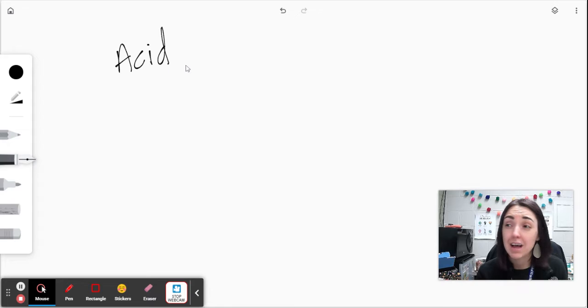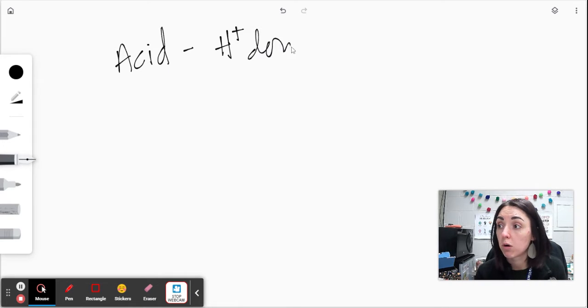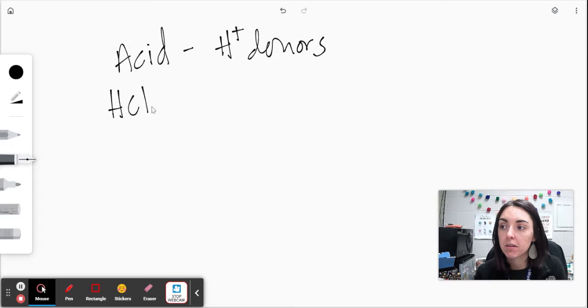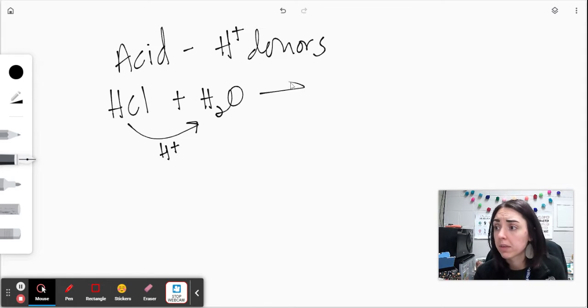With the Bronsted-Lowry acid, they are proton or H plus donors. So they're going to give a proton to the water. Like if I have HCl plus water, it's going to donate a hydrogen to the water. So that means it becomes Cl minus.